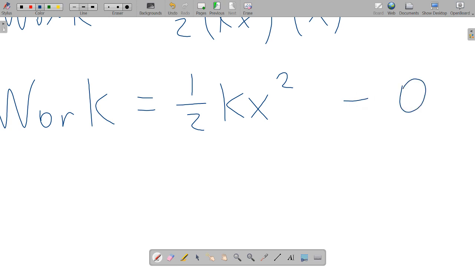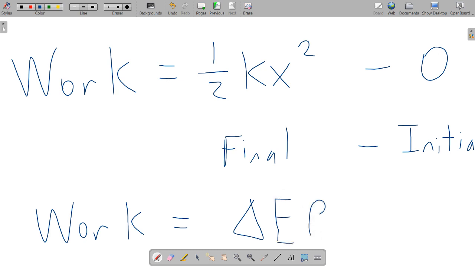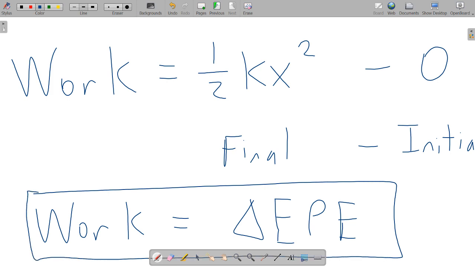This right here represents the final elastic potential energy of our system, and that point right there represents the initial elastic potential energy of the system, the point where the spring has no potential energy. So anytime you do work on a spring, you change the elastic potential energy of the spring. That's our derivation.